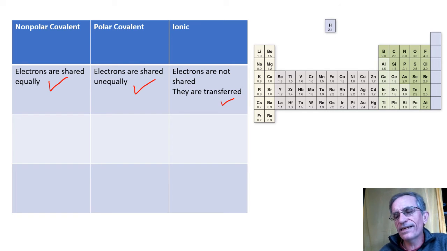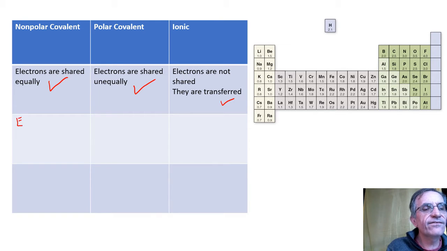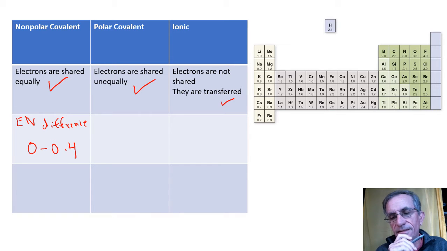So how do you know what kind of bond you have? You look up the electronegativities and see how far apart they are. Instead of writing electronegativities, I'm just going to write EN. If you have an electronegativity difference between two atoms of 0 to 0.4, that's a nonpolar bond.